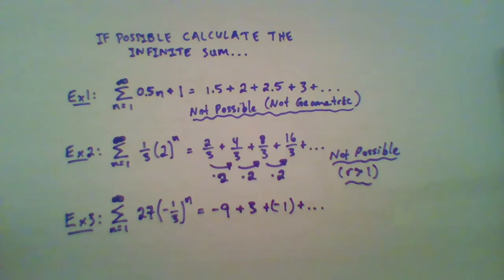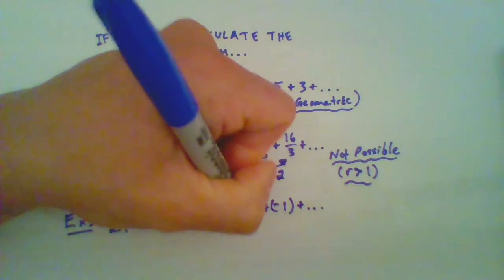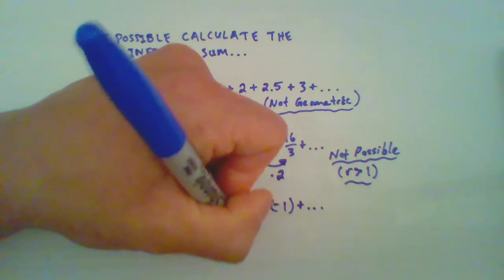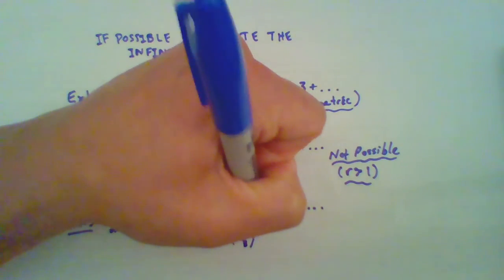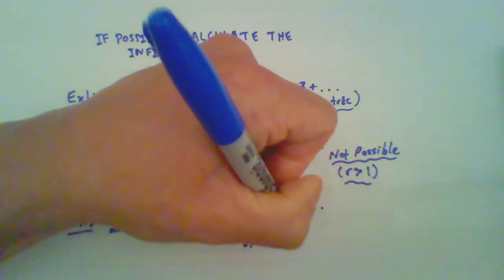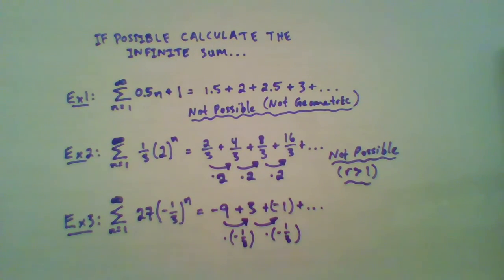Now the good news is we have a geometric series, and the common ratio is that we are multiplying by -1/3 to get from one term to the next term. -1/3 is between -1 and 1, so it's a geometric series, and the ratio fits the criteria that we need, so that means we can actually use the formula.